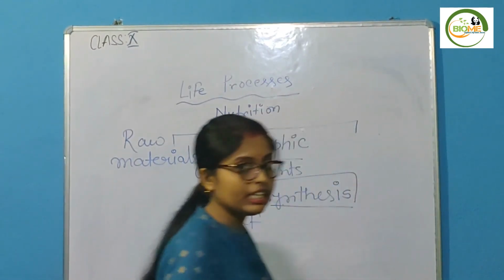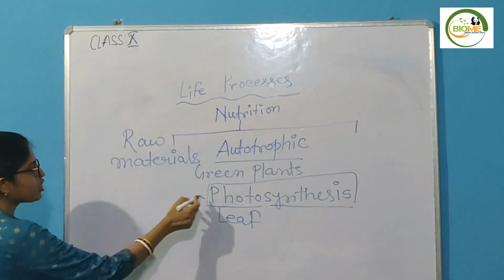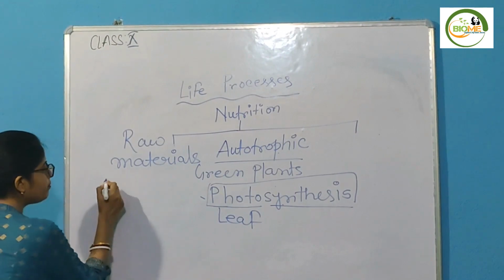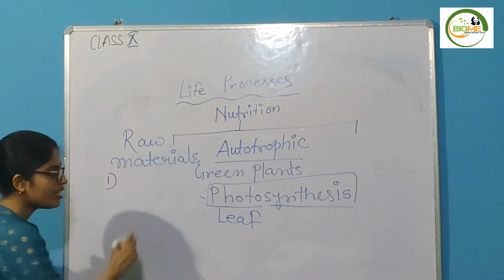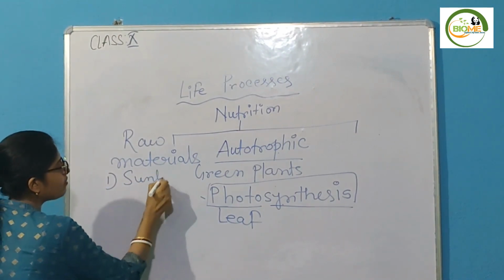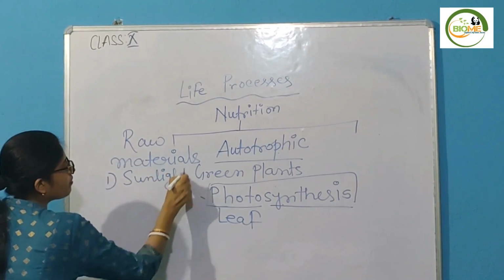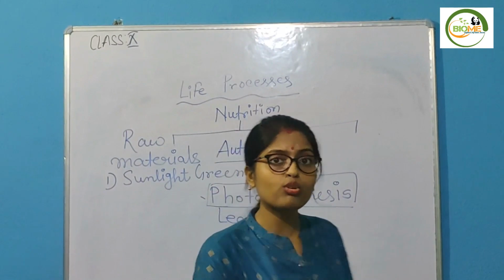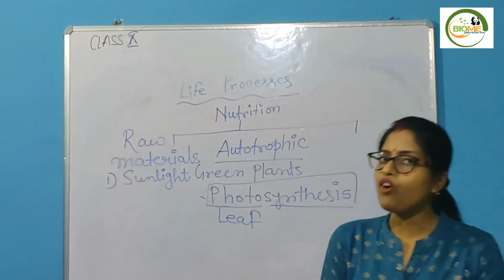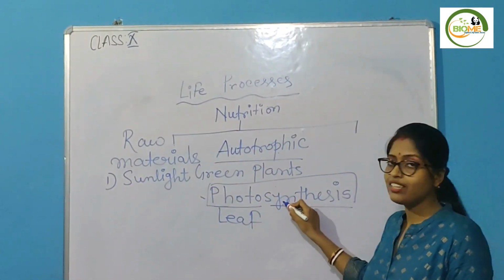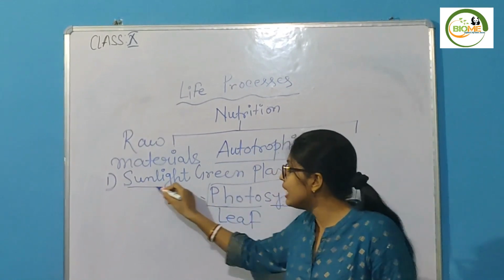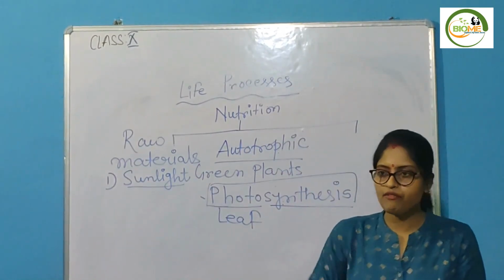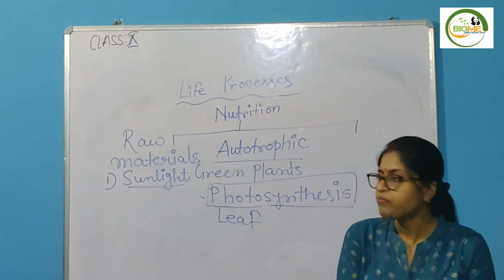In photosynthesis, the raw materials are, number one, sunlight. The sun is the ultimate source of energy, so for photosynthesis, the green plant requires sunlight.